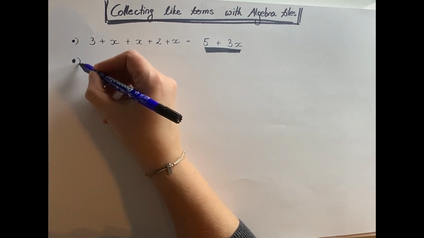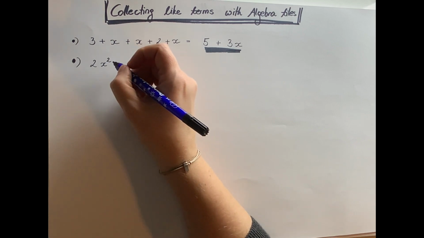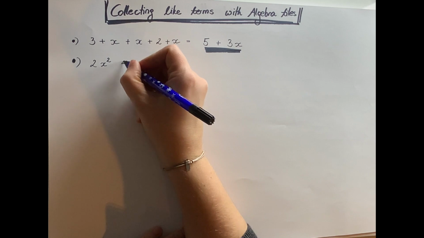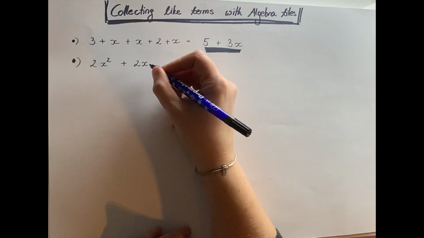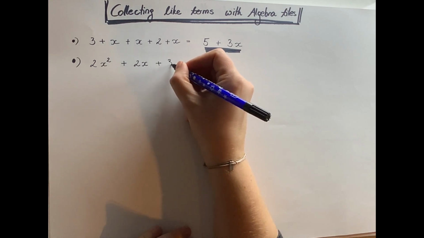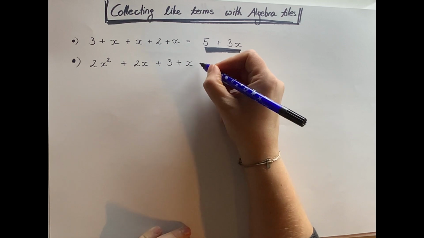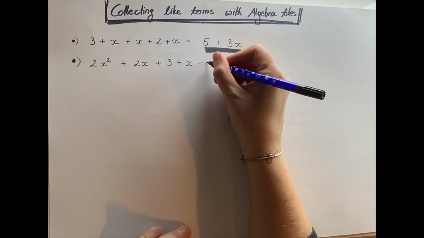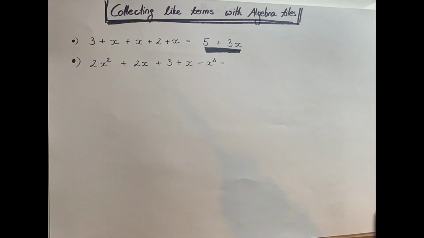What about if we have, let's say, 2x squared plus 2x plus 3 plus x, take away x squared. So first of all, again, we would like to represent this expression with our algebra tiles.